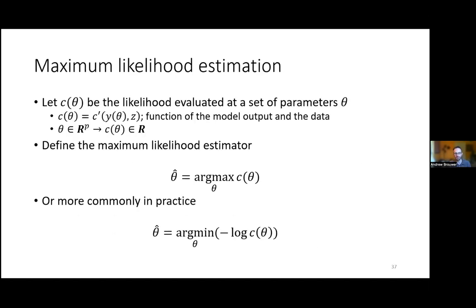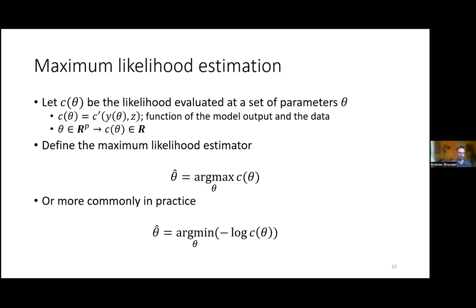And so probably many of you are familiar with maximum likelihood estimation, but just in case, we're thinking of our cost function as being a function of the parameters, and really it's some function of both the model at that set of parameters and the data.